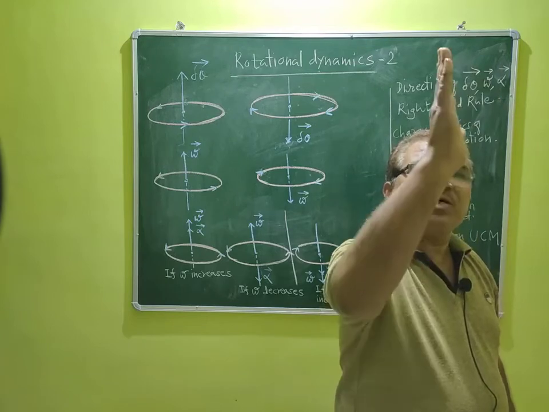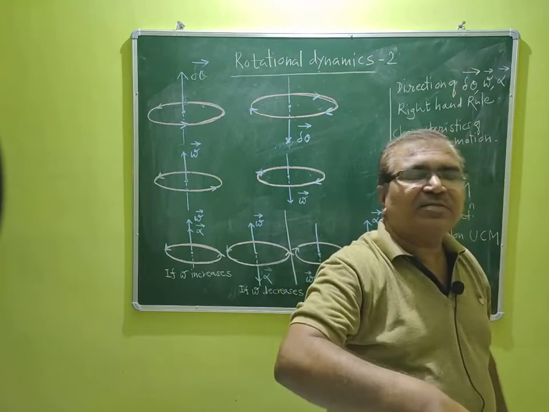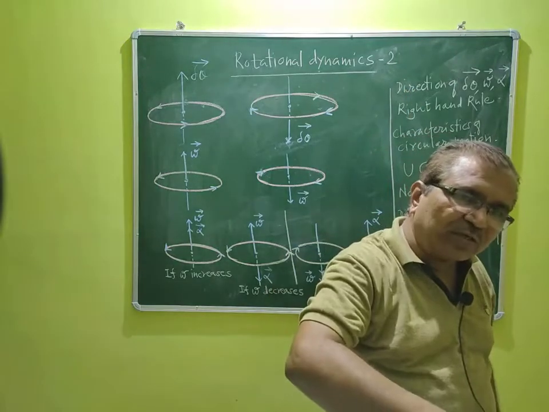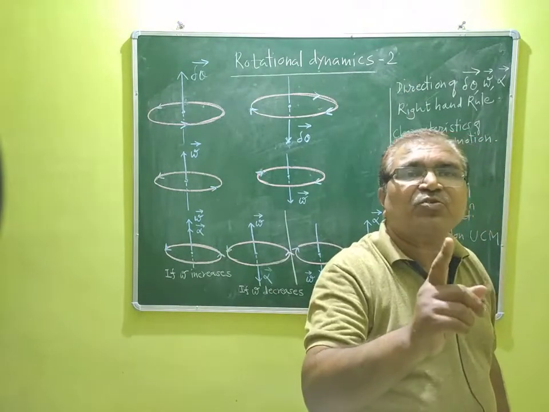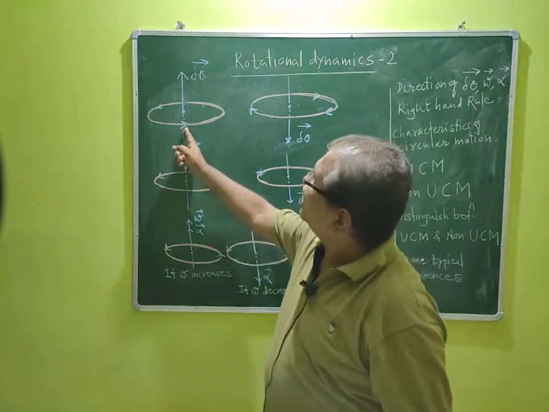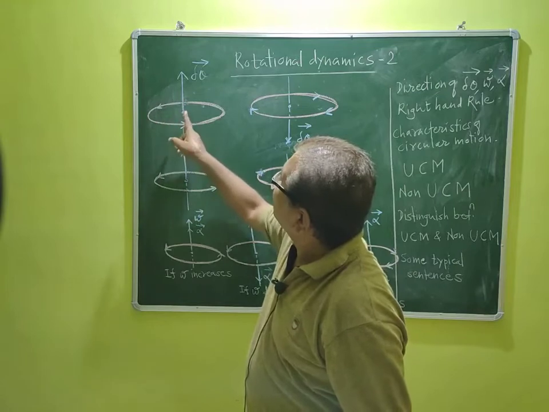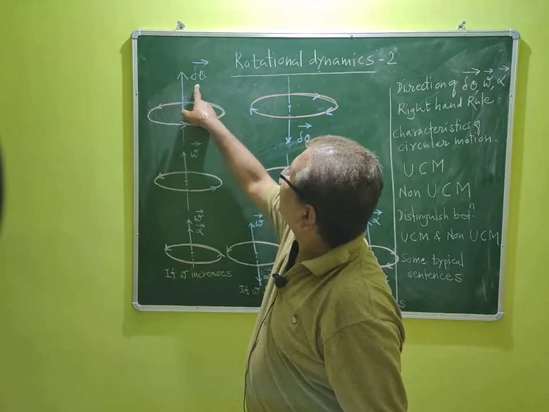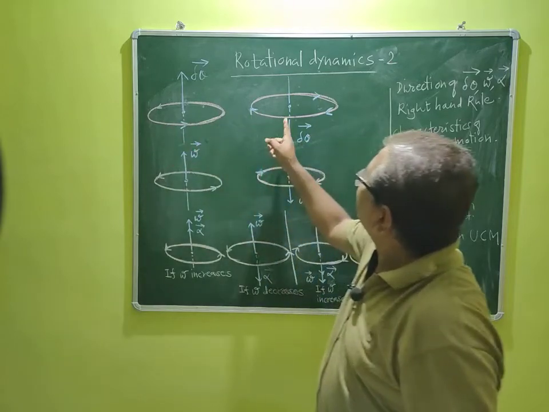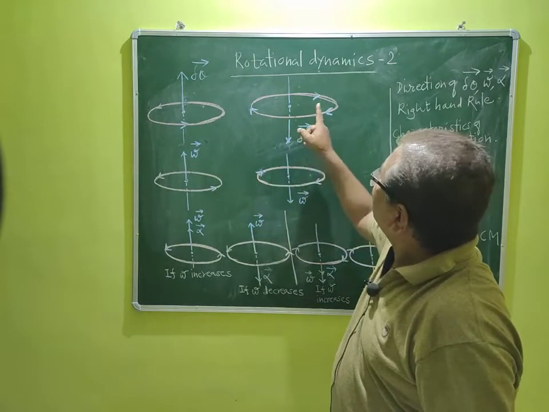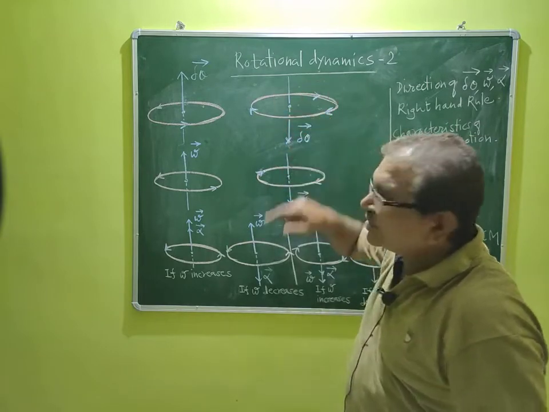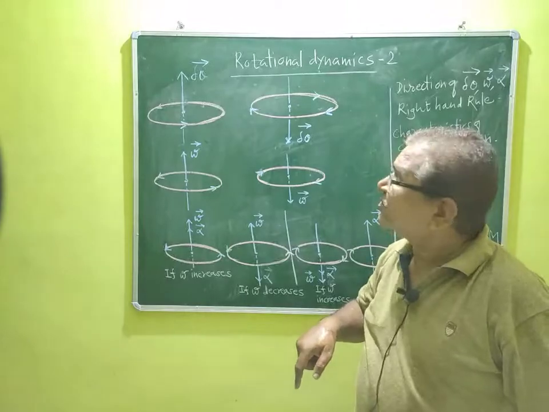It is either upward or downward, depending upon the direction of the circular motion. So if the direction of the circular motion is anti-clockwise, then the direction of the angular displacement is upward, perpendicular to the plane of the figure. If the direction of the motion is clockwise, then the direction of the angular displacement is in the downward direction.